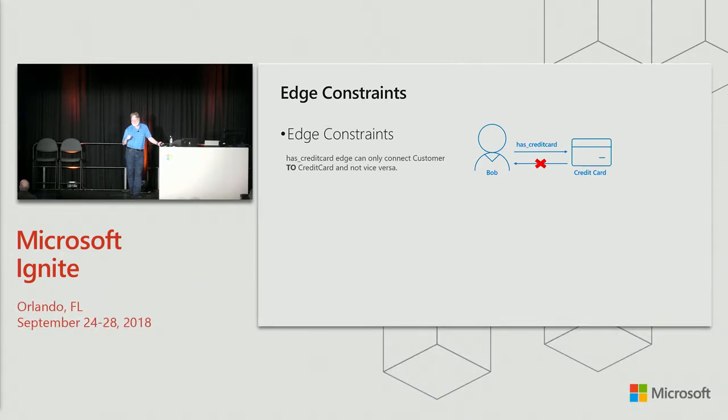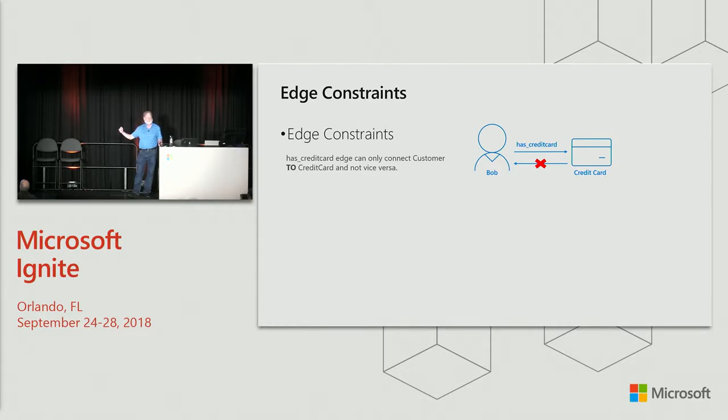So this is what the edge constraints can do. In this case, the example is Bob has credit card, linking Bob to a credit card. Credit card doesn't have Bob. It feels like that sometimes, but that's not technically how it works.